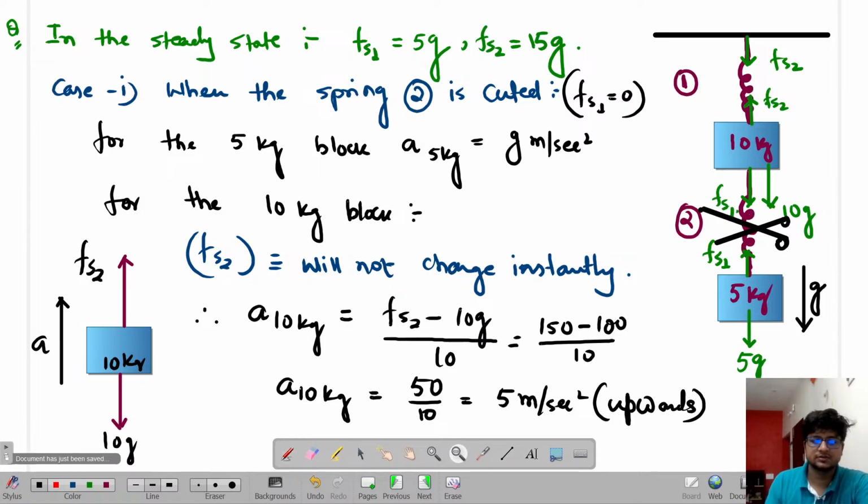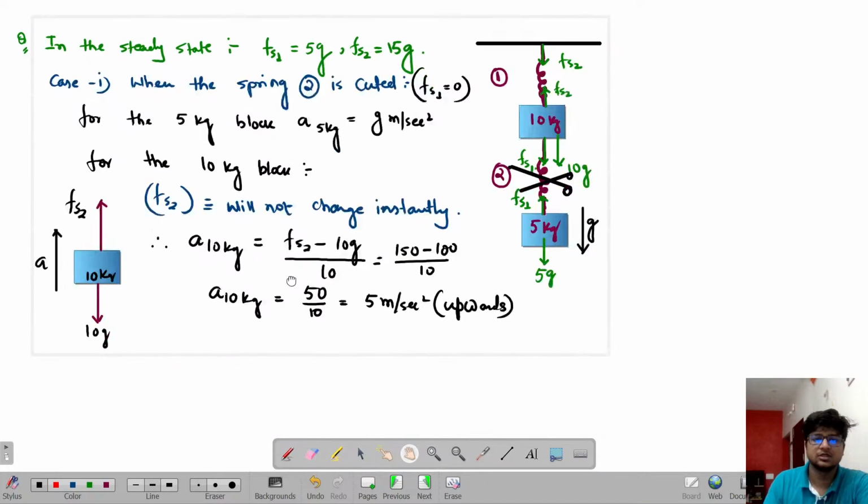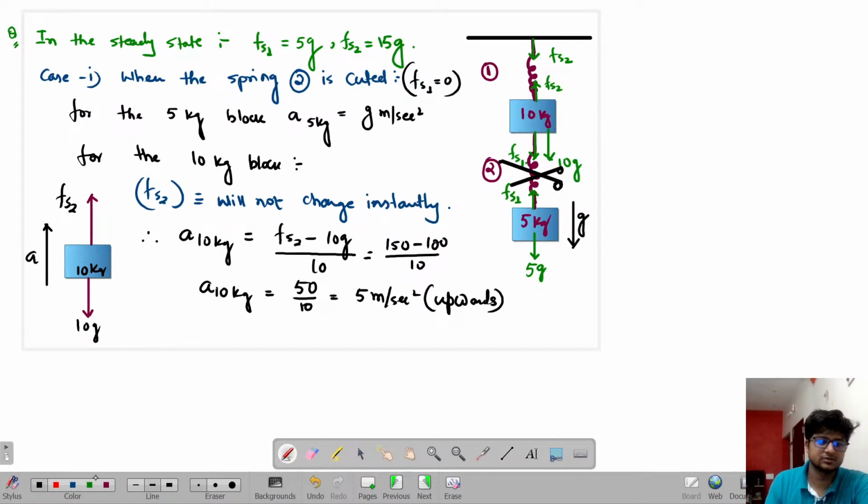Case 2 of this, when spring 1 is cut. What happens when the spring 1 is cut?